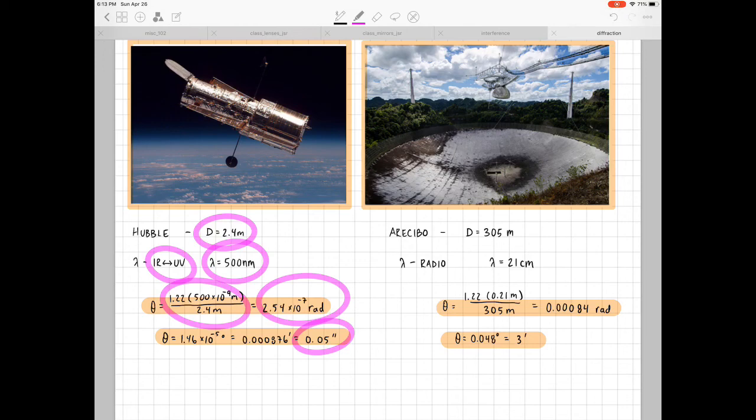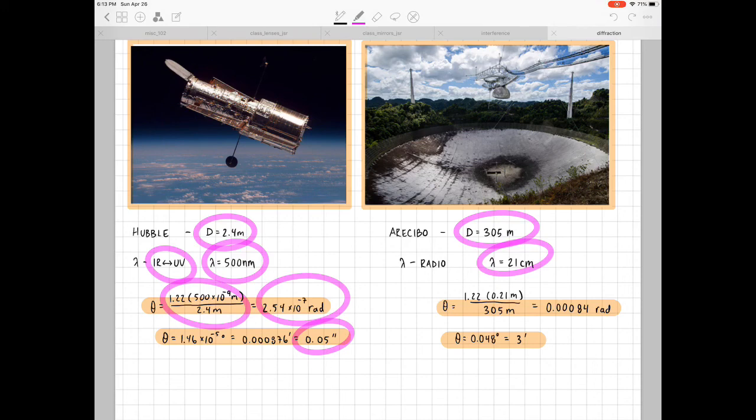Now, compare that to the Arecibo telescope, which is a 305 meter diameter radio telescope located in Puerto Rico. This is a radio telescope that observes the universe over a large range, but one of the most common wavelengths that the Arecibo telescope gets used for is to observe 21 centimeter wavelengths.